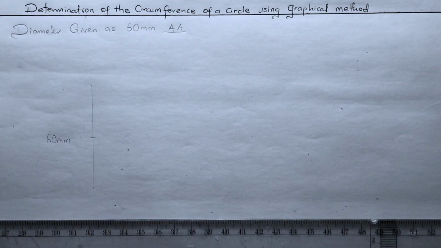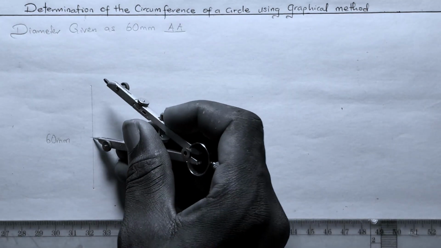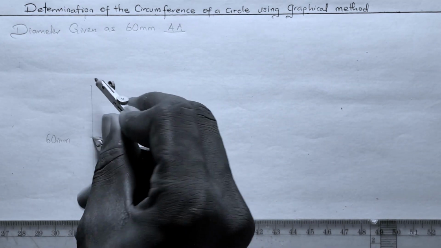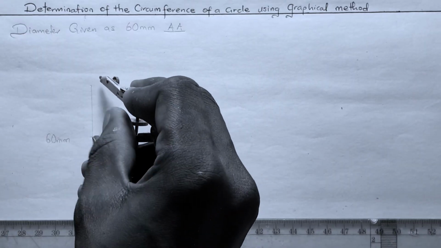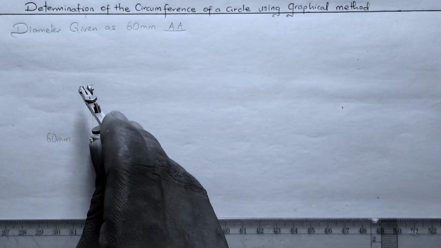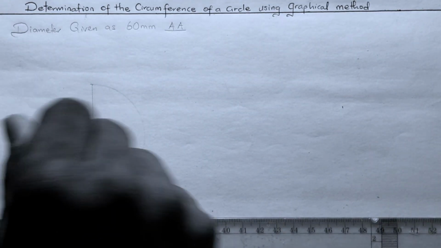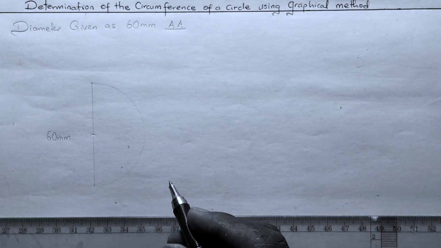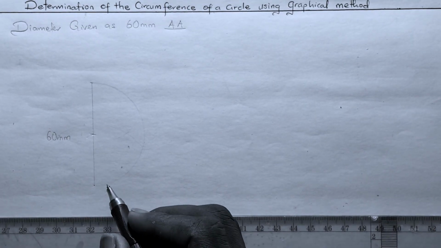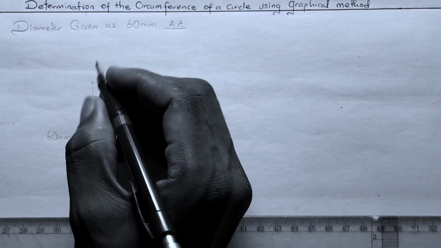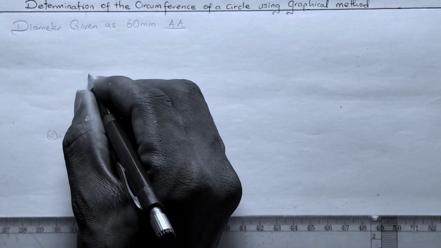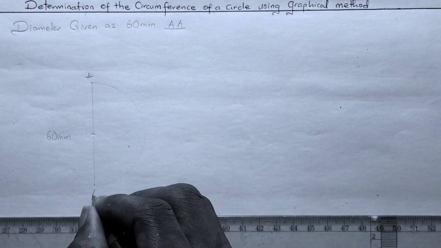So the first thing we are going to do is to draw the arc of the circle we are about to determine its circumference. Draw the arc as the first step. Okay. So the next thing to do is to draw a perpendicular line which is 90 degrees to the point AA. So we label this as point AA.